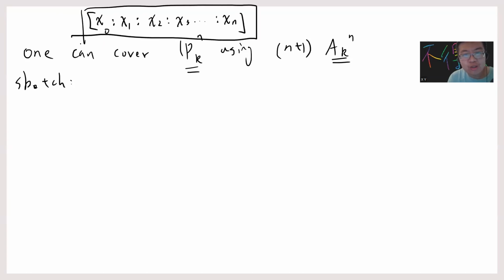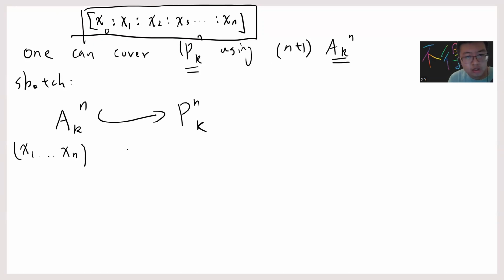Usually you will use this notation. Obviously A^n_K can be put into P^n_K. You start from x1 up to xn, and then you put them in. The easy way is to map into the first coordinate x0, where you choose 1. It's simple, you just choose 1.